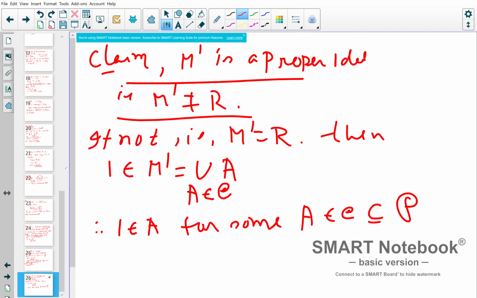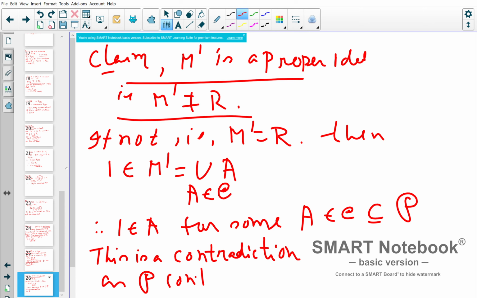Because inside P you have all those ideals which are proper ideals. So this is a contradiction, as P contains only proper ideals. So what does that mean?